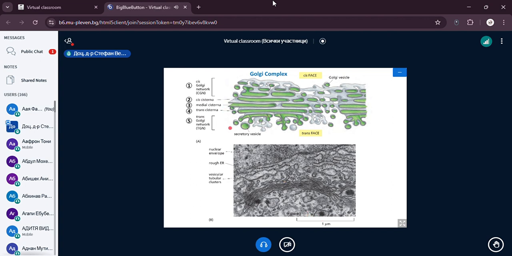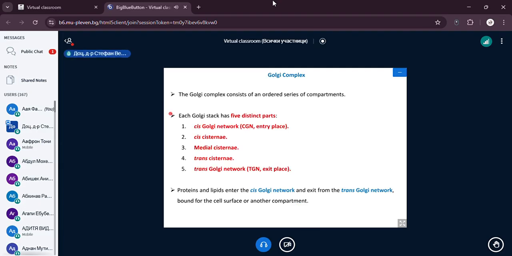The flattened cisterns of the dictyosome can be separated in 5 structural regions. So each dictyosome has 5 structural regions. Each Golgi stack or dictyosome has 5 distinct parts.